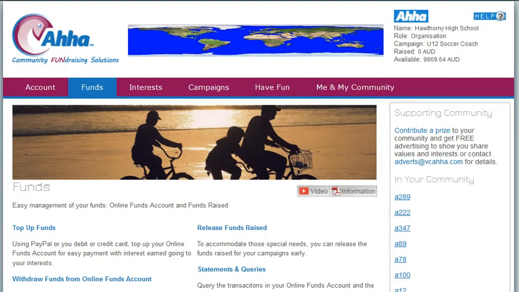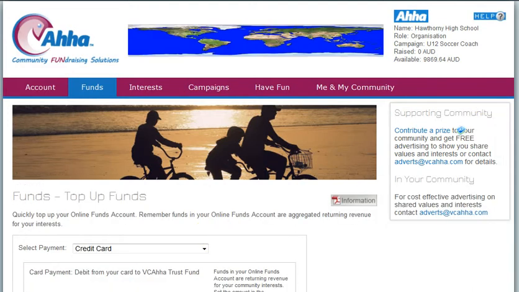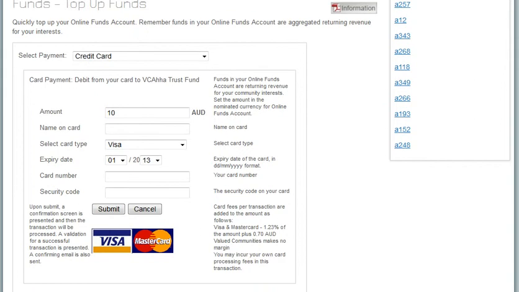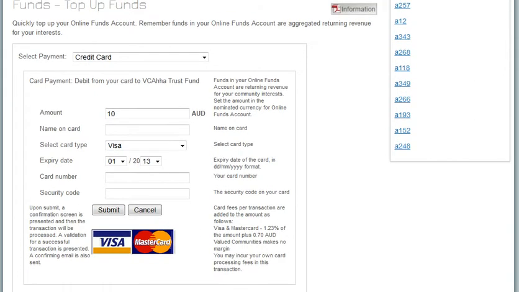Okay, so far. When you top up your online funds account, let's say we use the card payment, then if there is any currency conversion required, what you see here is that your online funds account is in Aussie dollars. Your card is in Indian rupee.